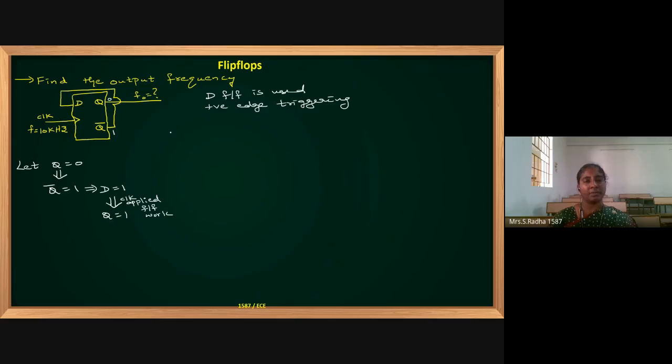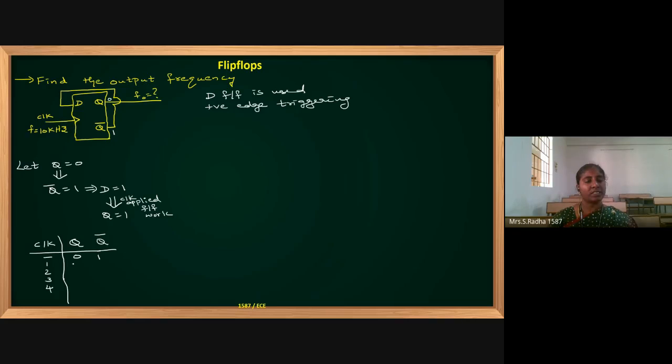Next, clock and then output. Initially, I am assuming output is 0. If I apply first clock, second clock, third clock, fourth clock, like that, when q is 0, q bar is 1.